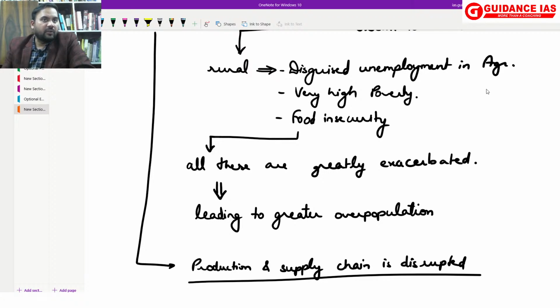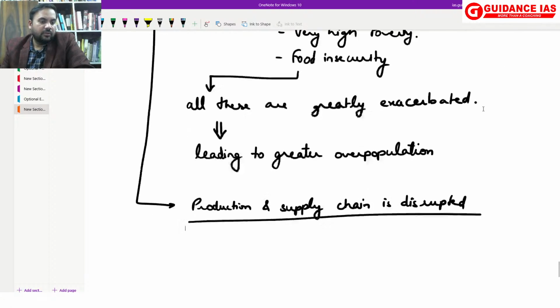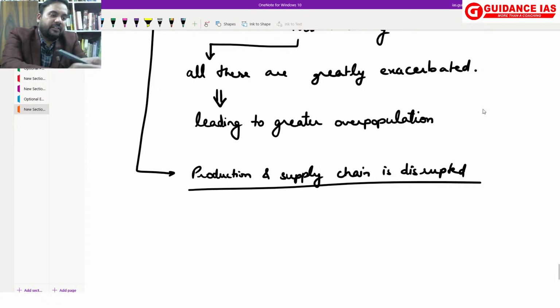Yes, in rural areas we are talking about. So in this first part, in the migration case, in rural India we are talking about. So production and supply chain is disrupted. Like for example, during COVID-19, what we saw, there was disruption in supply of very important consumption products like vegetables, other horticulture products, food products.